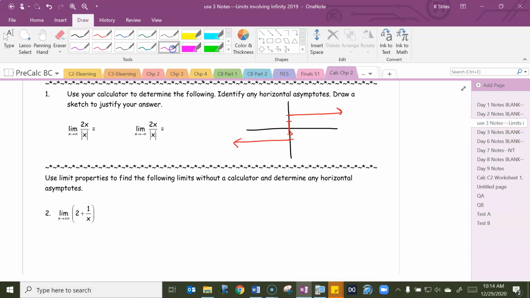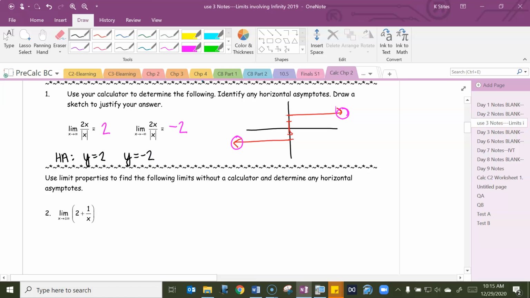The limit as x approaches infinity of this function, infinity would be all the way to the right, so it's up at 2. And as x approaches negative infinity, we're going all the way to the left, and we're down at negative 2. So this actually has two horizontal asymptotes: one at y equals 2, and one at y equals negative 2.